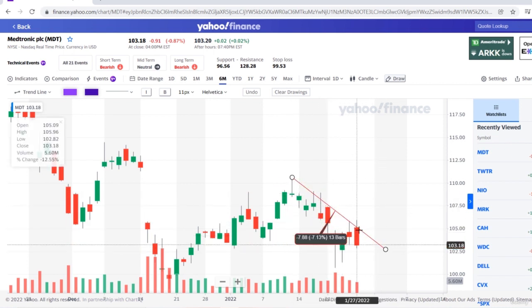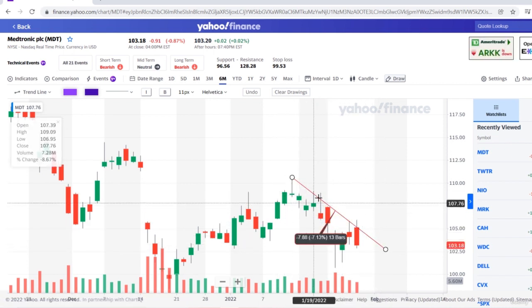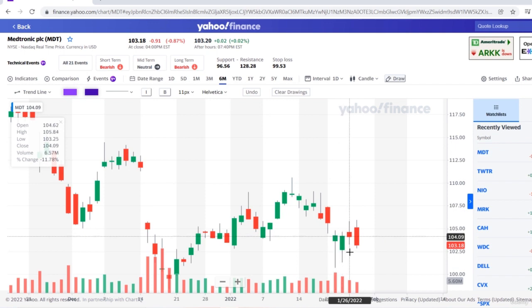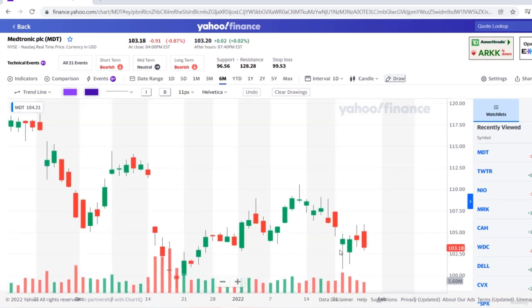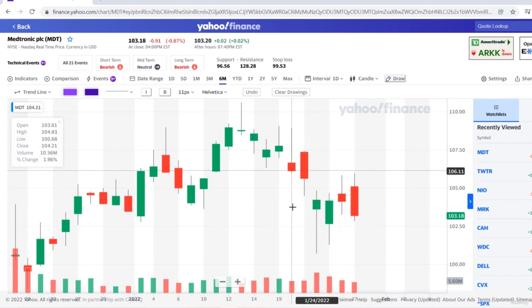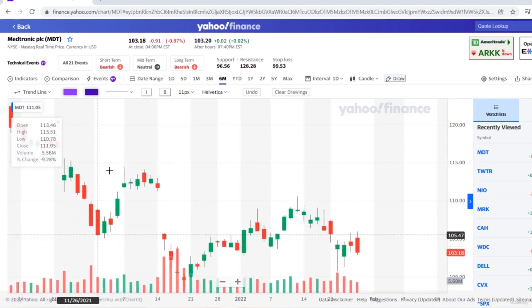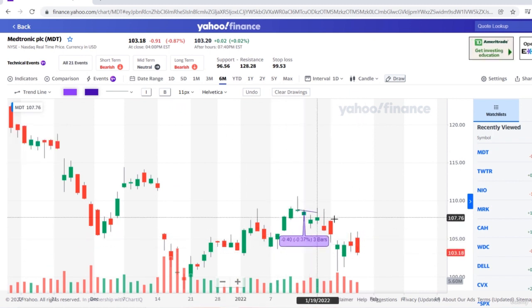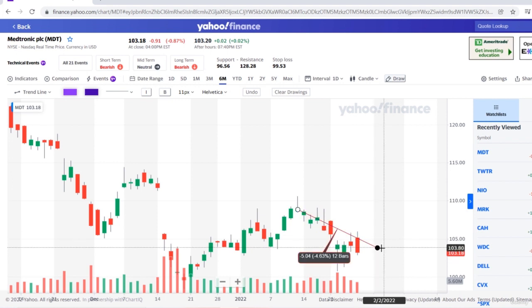Here's some touches from this peak, where we're seeing some more downward trends. You could say we have a little mini uptrend here, or it's really more flat right in here, or trading within a small range. I wouldn't say that's a trend yet. So we have this big downtrend, a gap down, a little bit of trend up, and now we're trending back down again, might be the way to look at this.